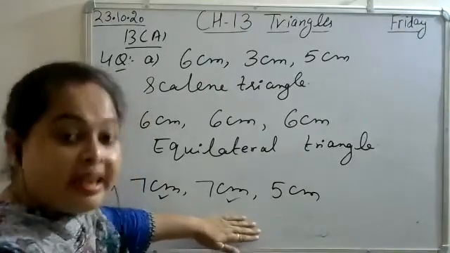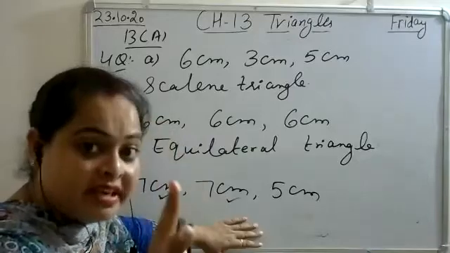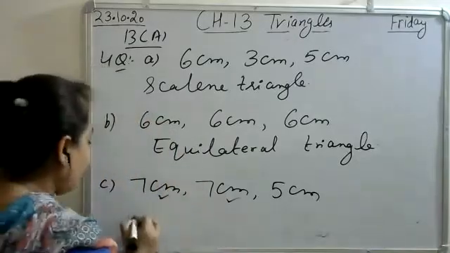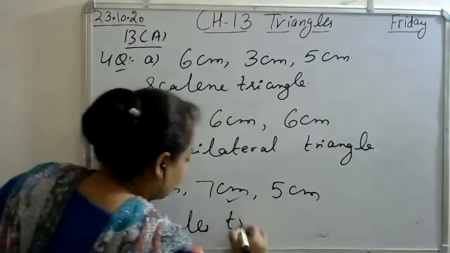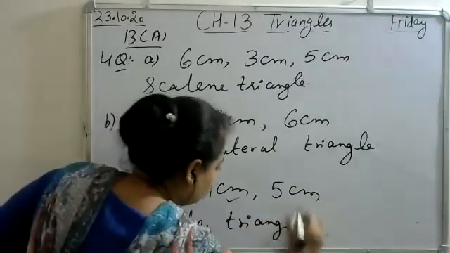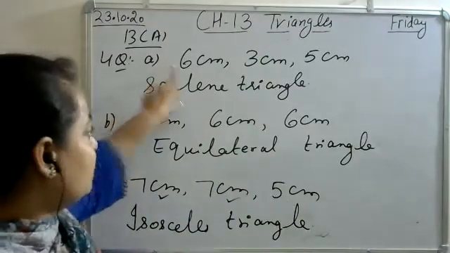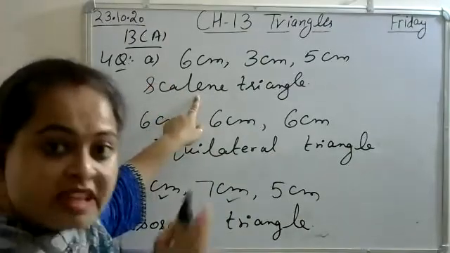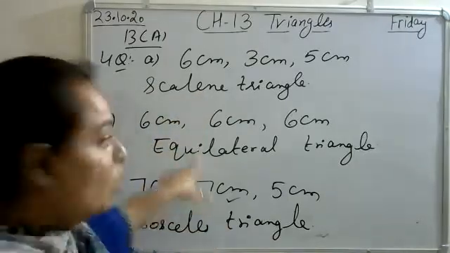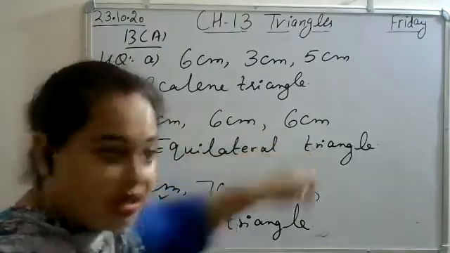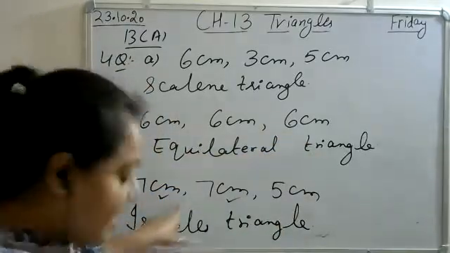So a triangle in which we will observe two equal sides is called isosceles triangle. So first, scalene, no side equal. Second, equilateral, all the three sides are equal. Third, isosceles, two sides are equal.